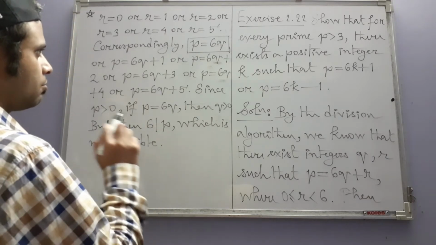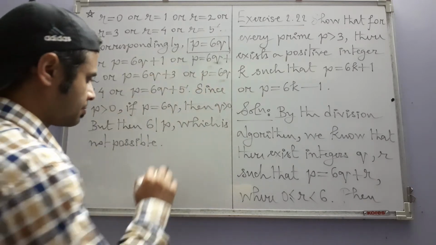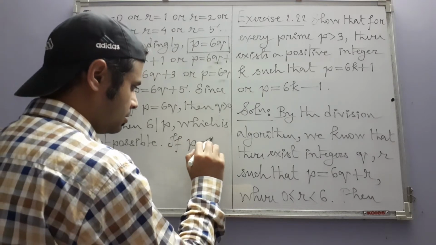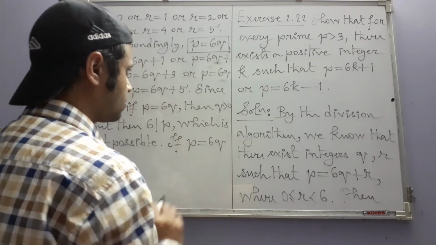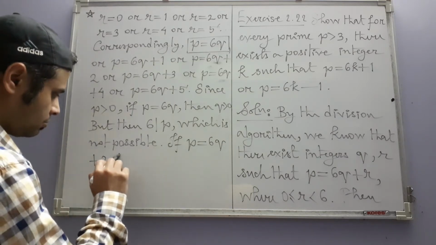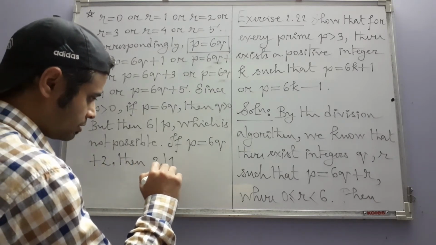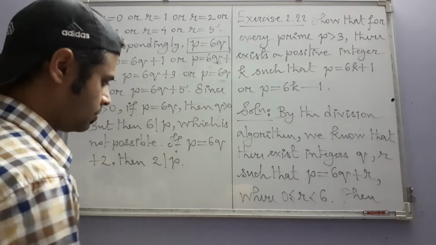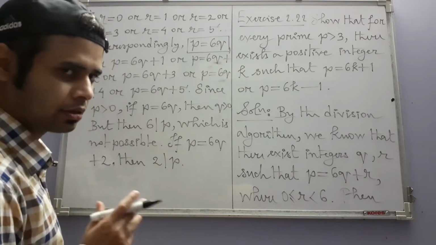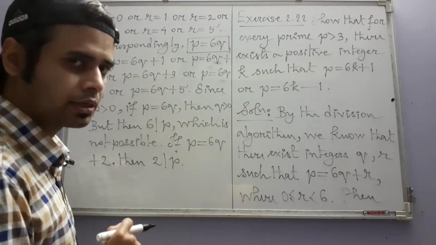Okay, next what we try to rule out is this: if p is equal to 6q plus 2, then 2 divides p. The divisibility relation all by itself does not contradict anything, but additionally we are also given that p is greater than 3.